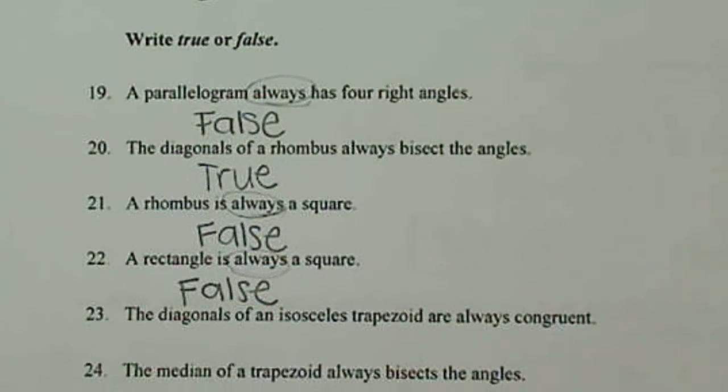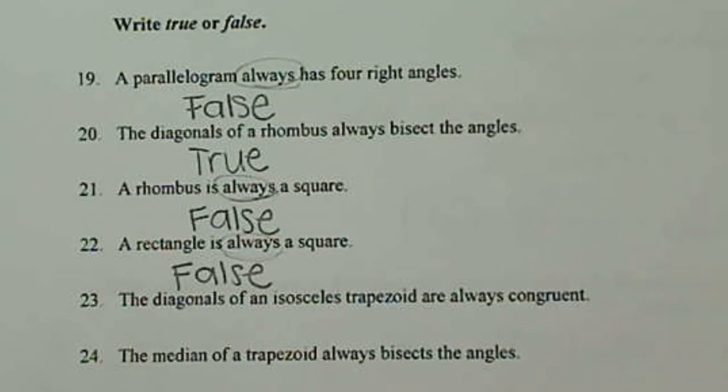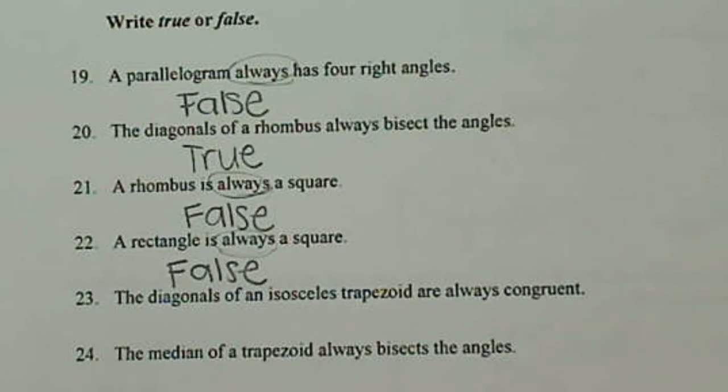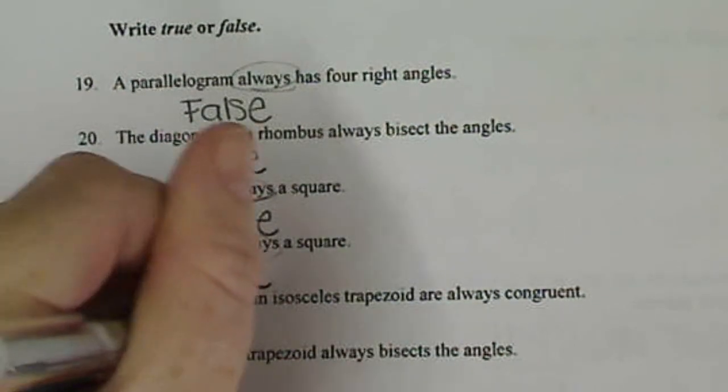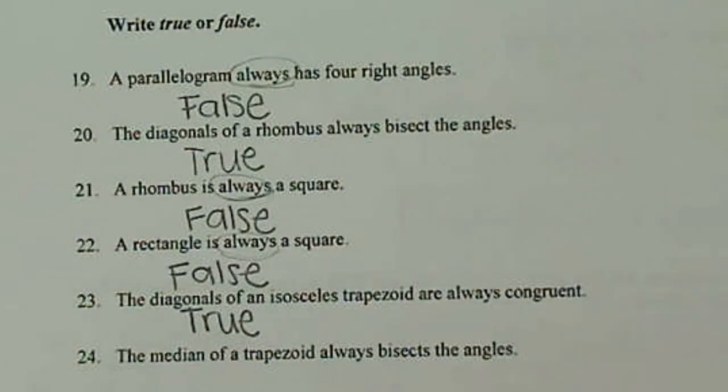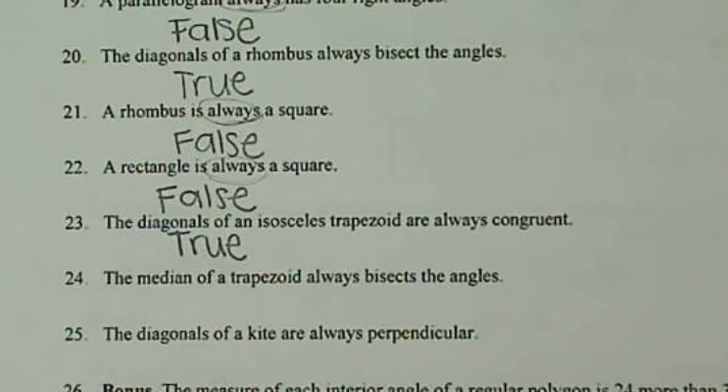23. The diagonals of an isosceles trapezoid are always congruent. That is true. There is a theorem about that in chapter 6, lesson 6. 24. The median of a trapezoid always bisects the angles.